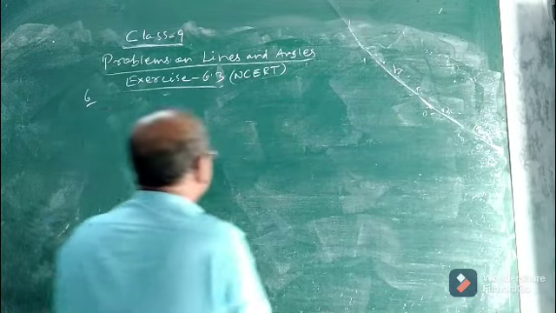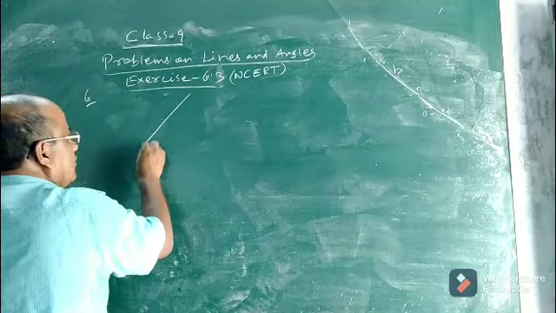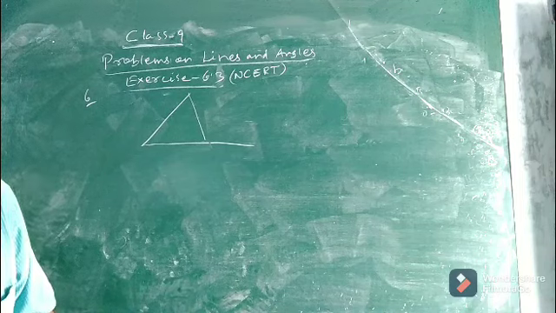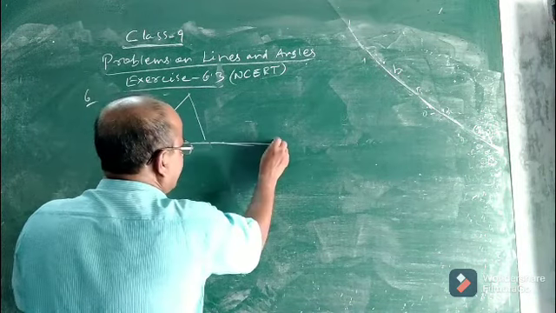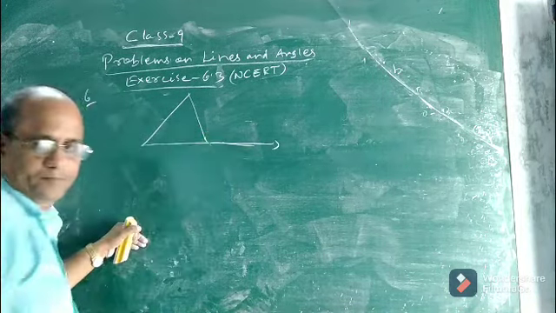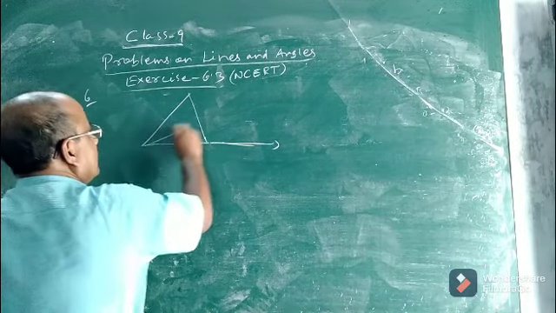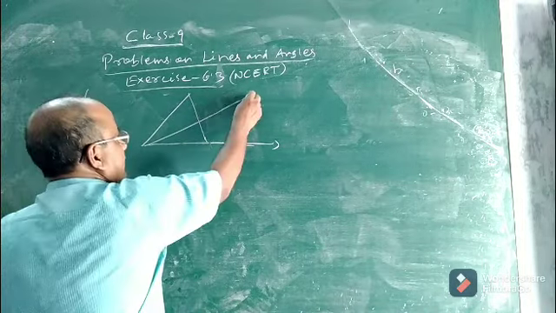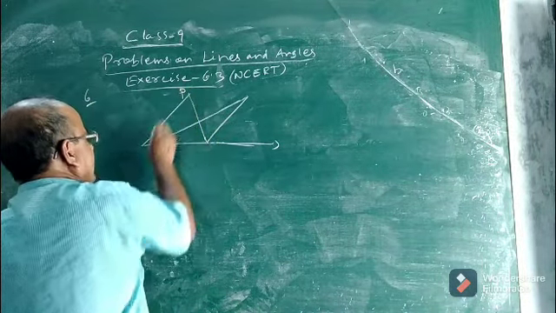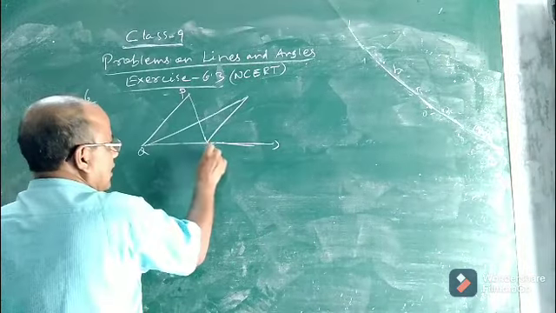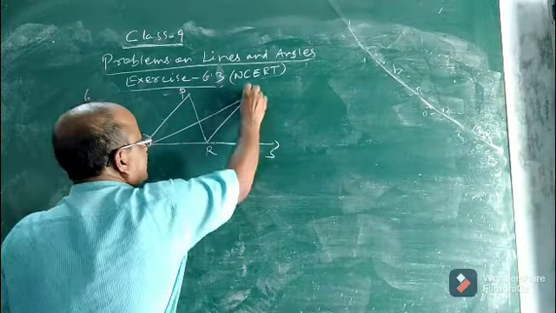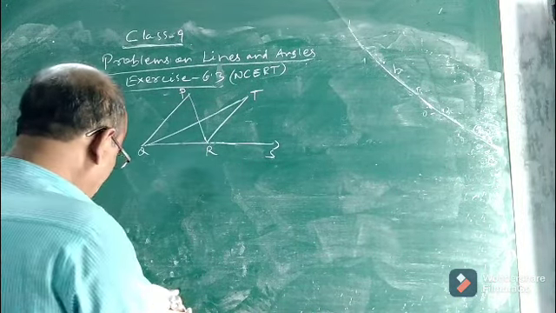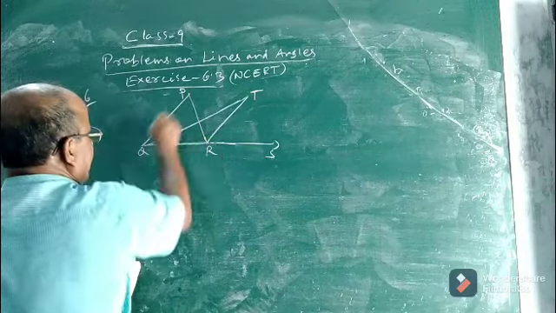So the question is, look at the figure PQRS, and this is T. What is the question? PQR is a triangle.